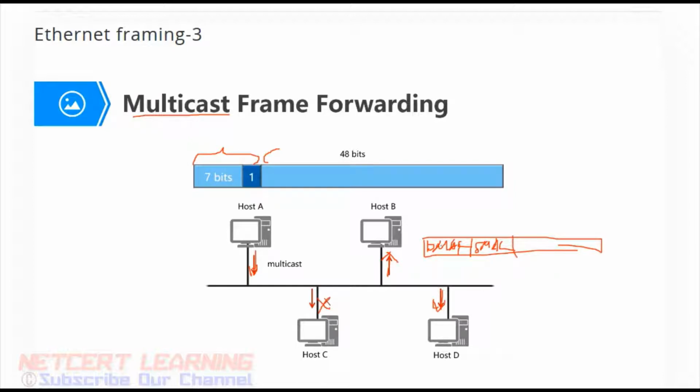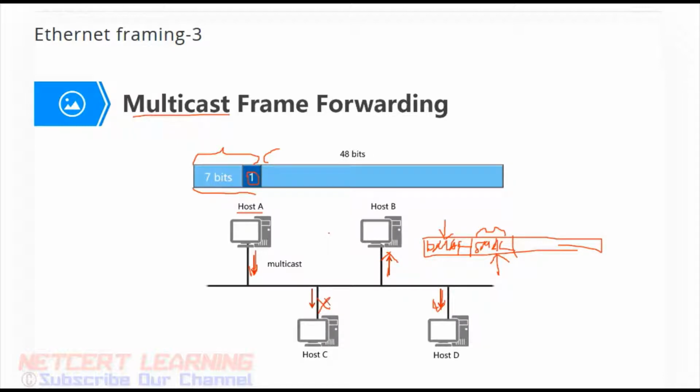The source MAC is still host A's MAC address, and the destination MAC should be a multicast MAC address. The multicast MAC address is defined so that the eighth bit should be 1. This is the opposite of the unicast frame.